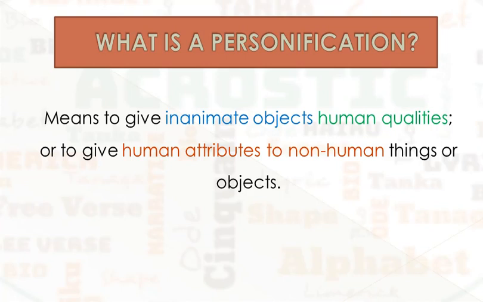For example, if I have a chair, it is an inanimate object. I can give it human qualities. For example, by making this chair speak like humans, by giving it eyes, nose, and mouth, as in cartoons, inanimate objects can speak. Here we have personification.